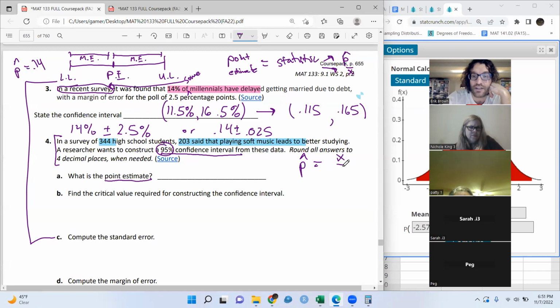Okay, so then what's our X and N in the problem? Have they given it to us? Well, N is 344 because that's the sample size. Good. Now there are 3 numbers left in the problem.